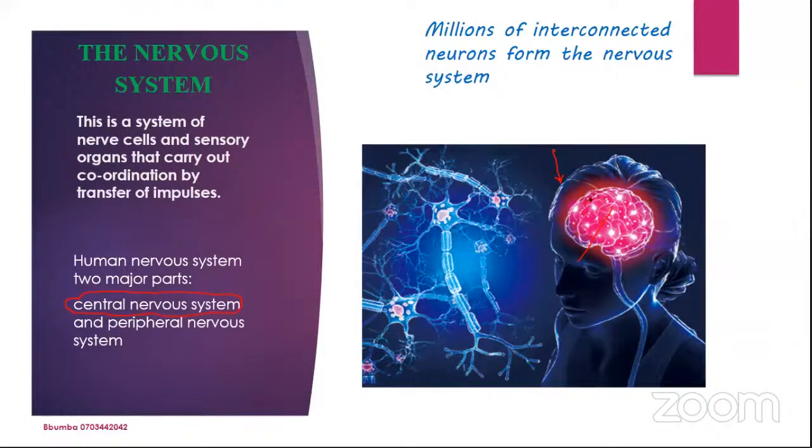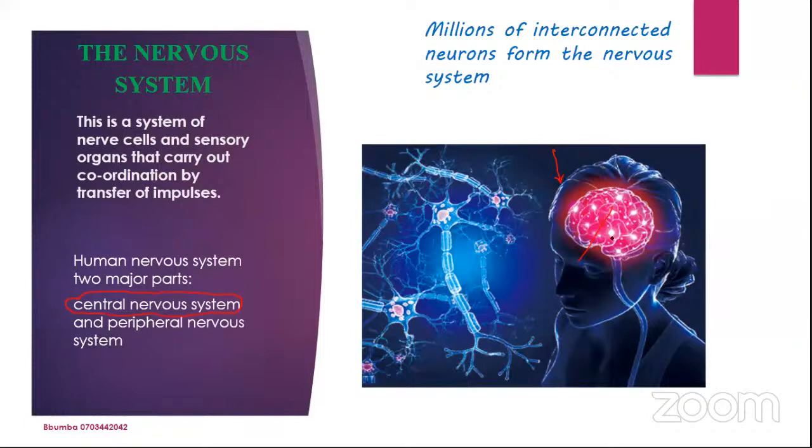So the brain runs from that part which is in your skull, and then to your backbone. So your brain, in the form of the spinal cord, flows from just the neck down up to where your bum is. For some of you who understand Luganda, bum is called akabina.